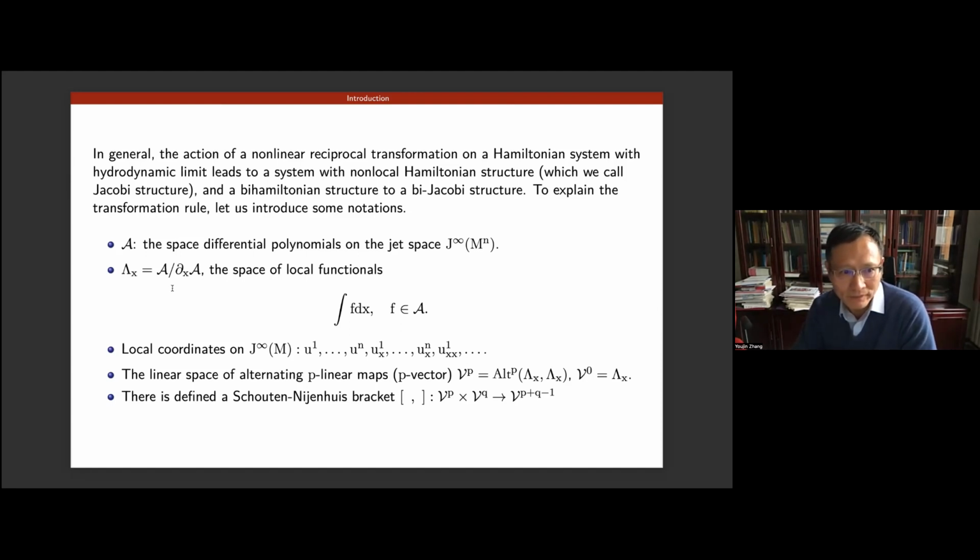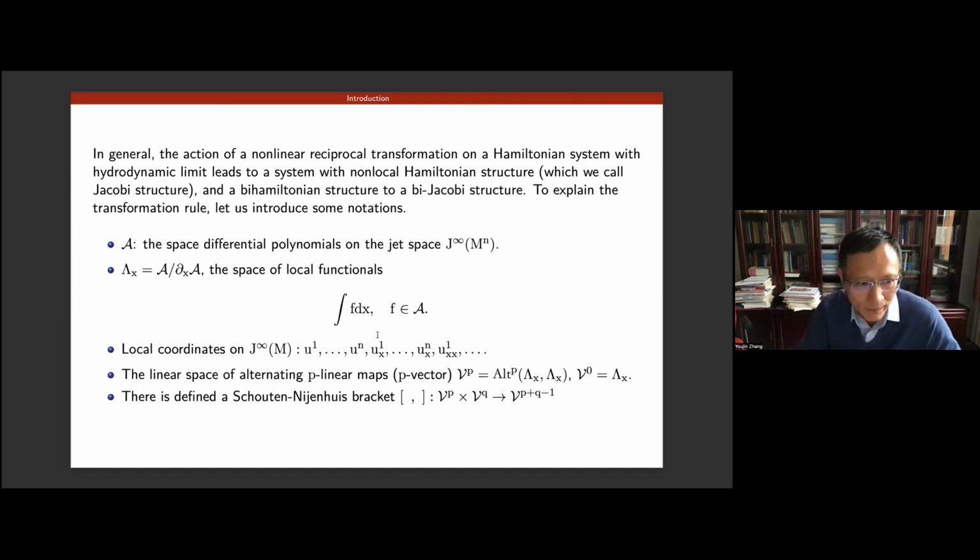And then we define local functionals on this jet space. This means this is the quotient of the space of differential polynomials by the x derivative of differential polynomials. And usually we denote it by the integral of this differential polynomial.